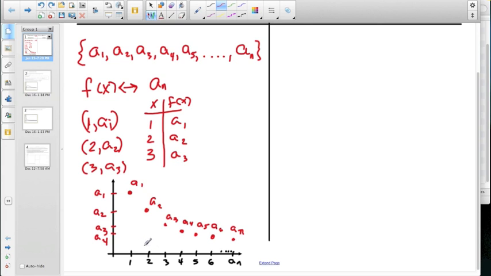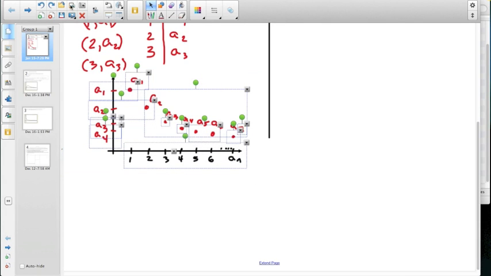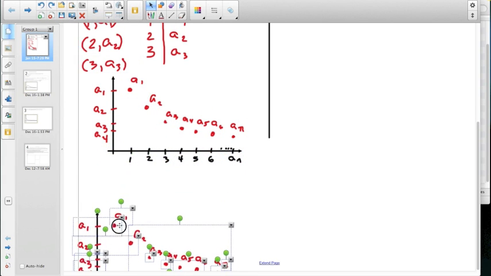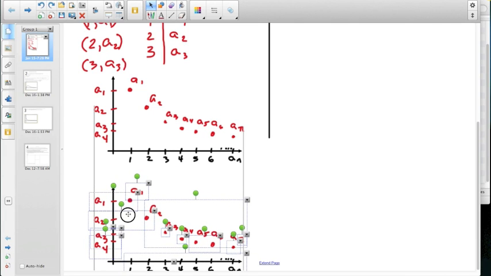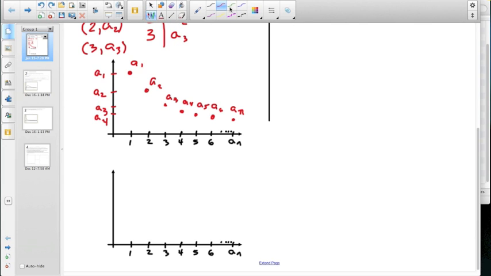And likewise, we could have a sequence that would be monotonic, and if I can just duplicate this here, we could have a sequence that instead of being monotonic and decreasing, is maybe monotonic and increasing.